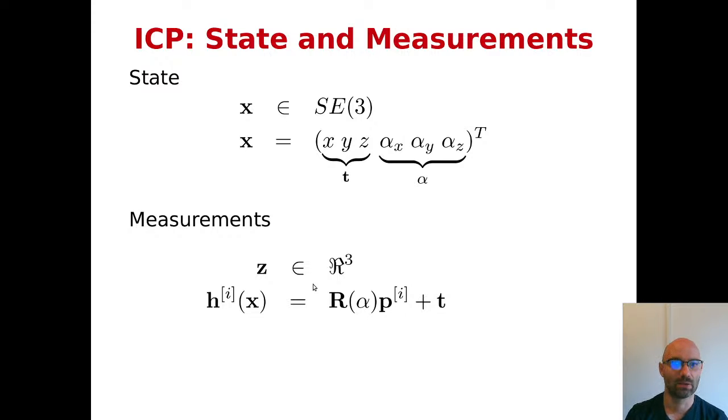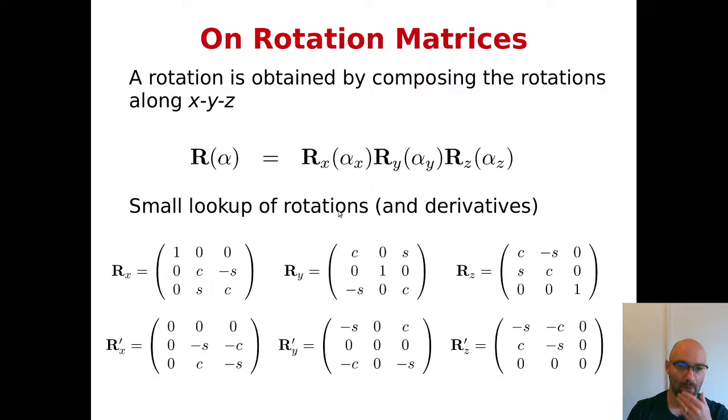Okay, now a little bit of a recap on the rotation matrices. It's always good to repeat things. We denote a rotation matrix R of alpha as the product of three rotations along the axes.